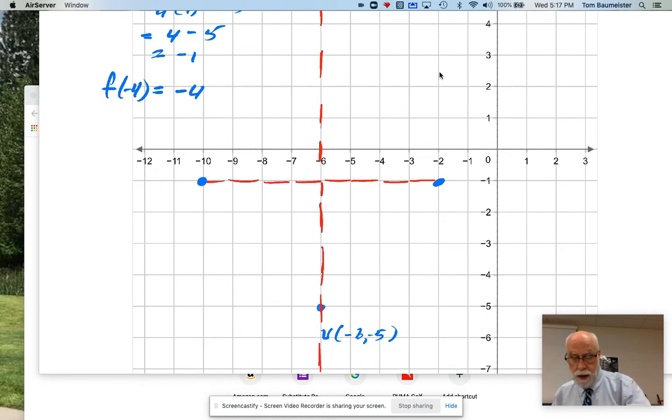So when I'm at x is equal to negative 4, y is equal to negative 4, and again, by symmetry, it takes me 2 to get to the axis of symmetry. I'm going to go 2 in the other direction, and I'm going to make my points. So those are the 5 points that they want you to put on there.